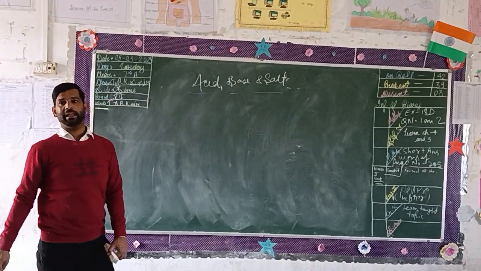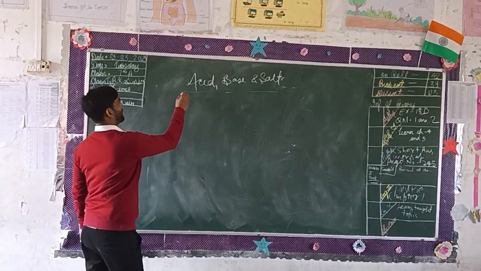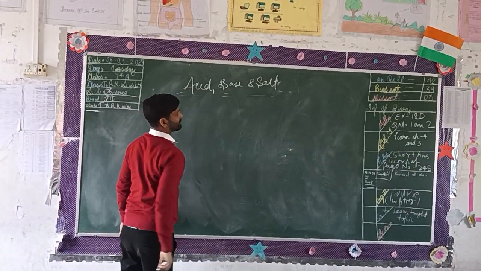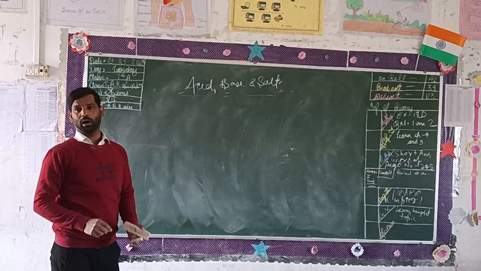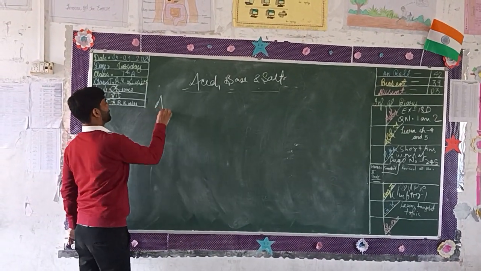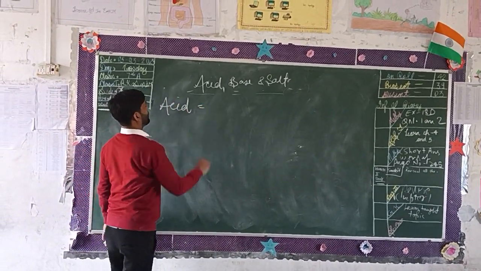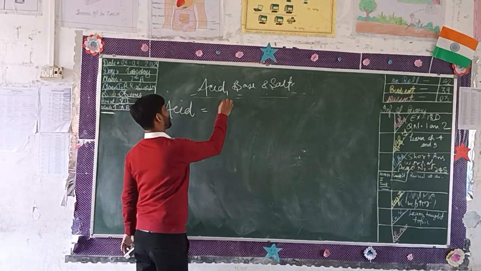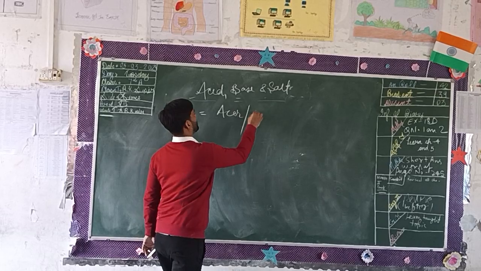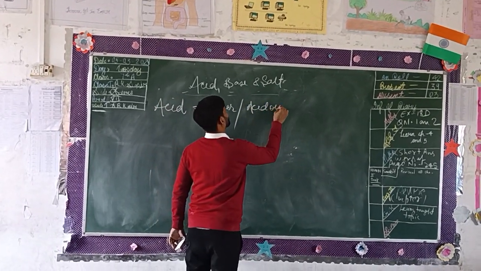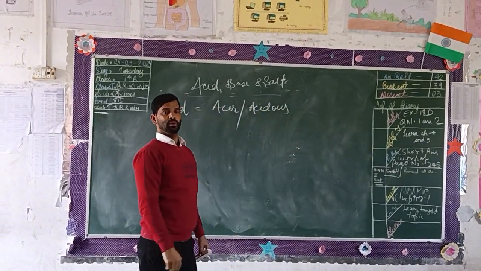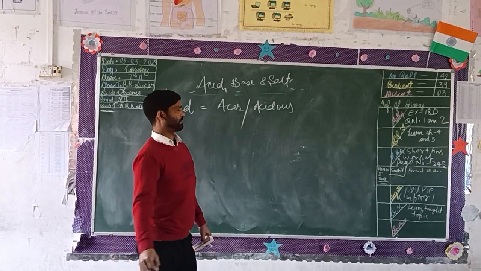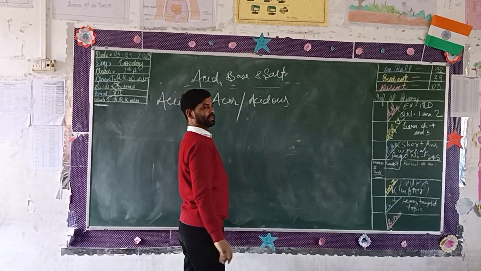So students, today we'll study about acid, base and salt. As you all know, the word acid is a Latin word, which comes from acer or acidus, which is known as what?